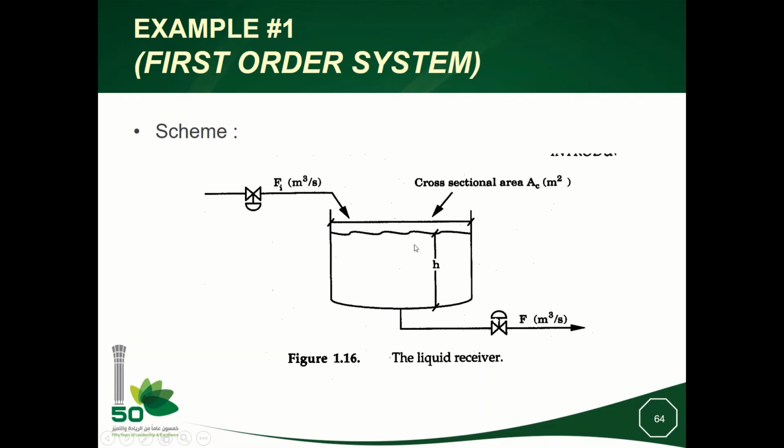And here we have a tank with some liquid, with a height h, which is controlled by the two valves. Now, Fi is seen as an input to the system. And here we have the flow out, F. Also, it is a volumetric flow, meter cube over second.